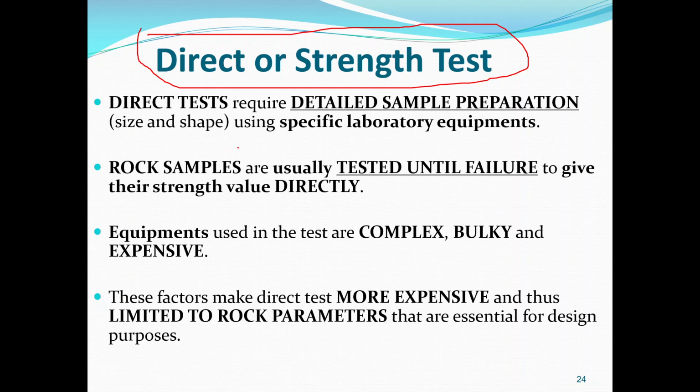So normally the direct test involves preparation of a sample that has specific size and shape, and normally the test is conducted until failure, and normally the equipment is quite bulky and expensive, and comparatively the facility normally is more expensive.